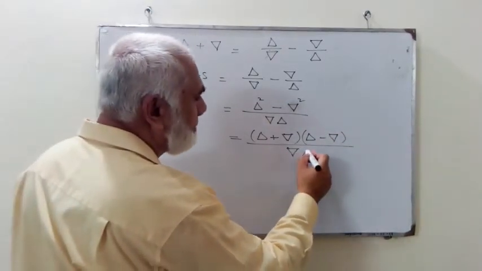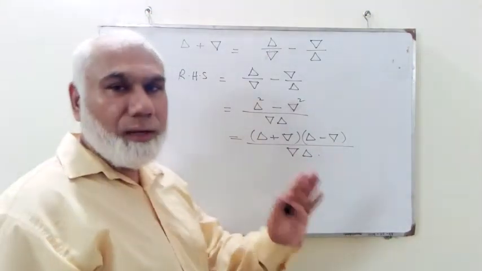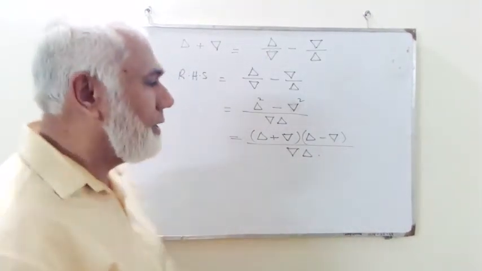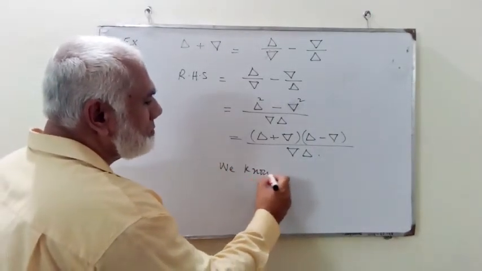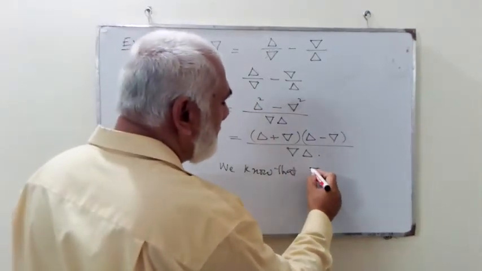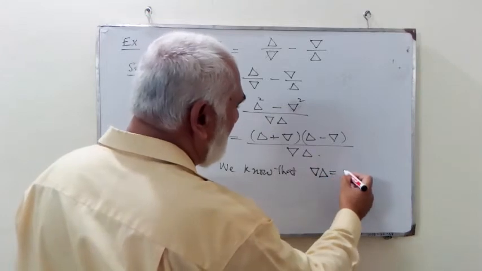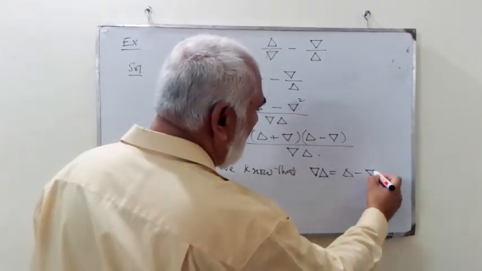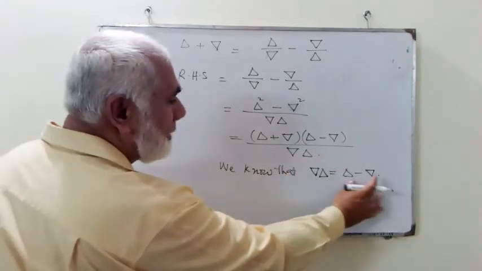Okay. Now here I am using a result which we can verify directly. We know that delta into nabla or nabla into delta, these are the same. It gives you delta minus nabla. So this means this can be replaced by delta minus nabla.